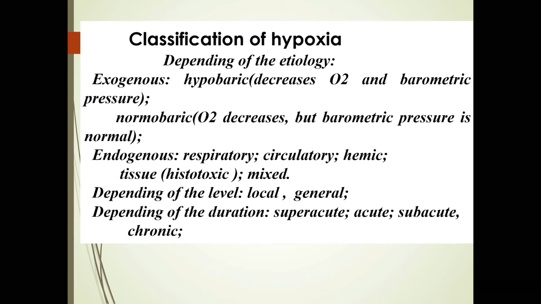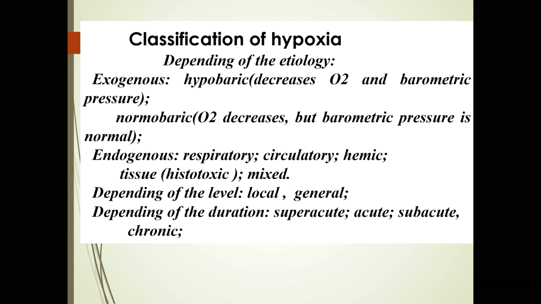Classification of hypoxia. Depending on the etiology, exogenous hypoxia has two types, hypobaric and normobaric. In the hypobaric type, oxygen and barometric pressure decrease, and in the normobaric type, oxygen decreases but barometric pressure is normal.